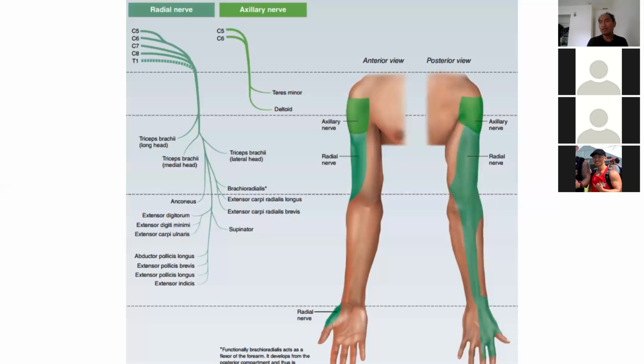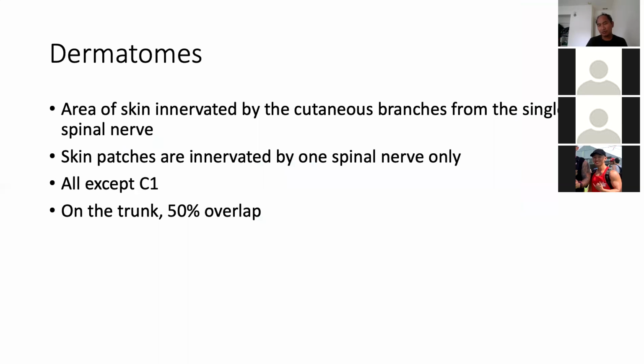So we need to clarify, if somebody cannot feel or cannot move, we have to check whether it is because of the dermatome, spinal nerve root injury, or because of the whole area of the skin, which is the peripheral nerve injury. So we have to differentiate, and therefore this dermatome pattern became important.